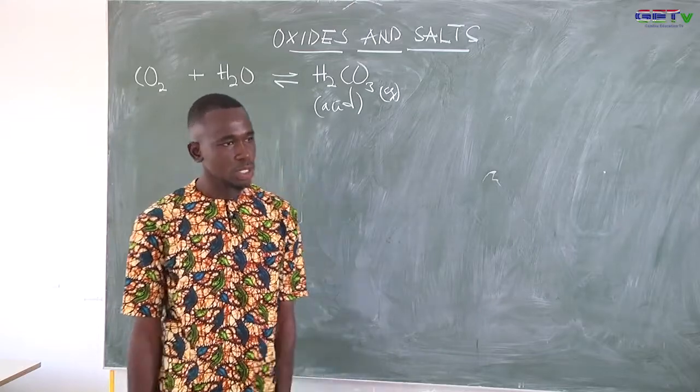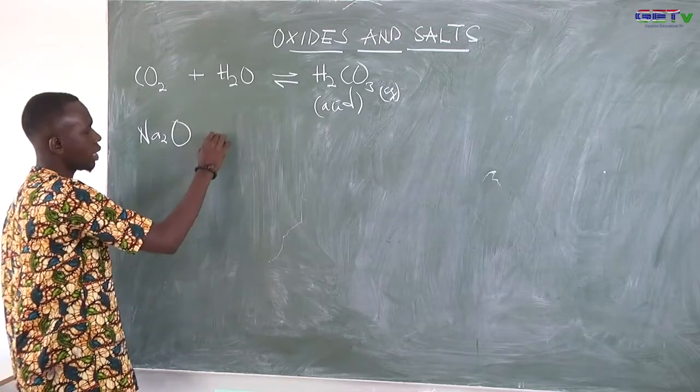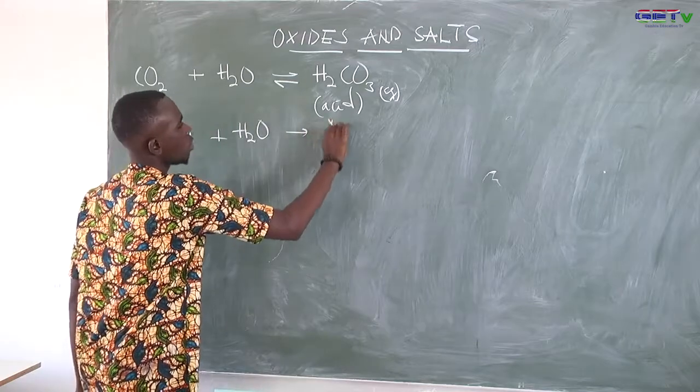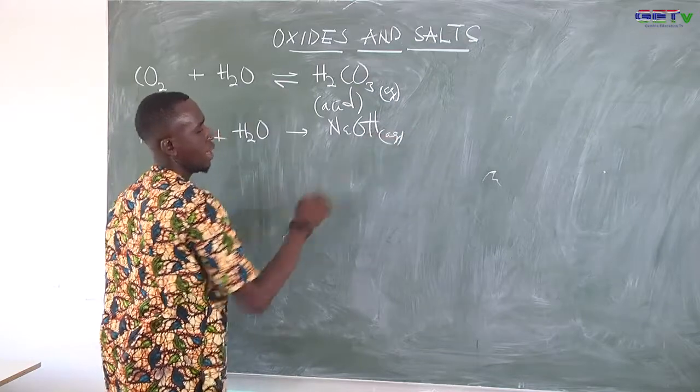Again, we move to the second one, which is basic oxides. Now the basic oxides are also known as base anhydrides. So these are metallic oxides that react with water to form basic solutions. Like we have Na2O, and this Na2O is known as sodium oxide. Now when this sodium oxide reacts with water, it has the tendency to form sodium hydroxide, which is aqueous.